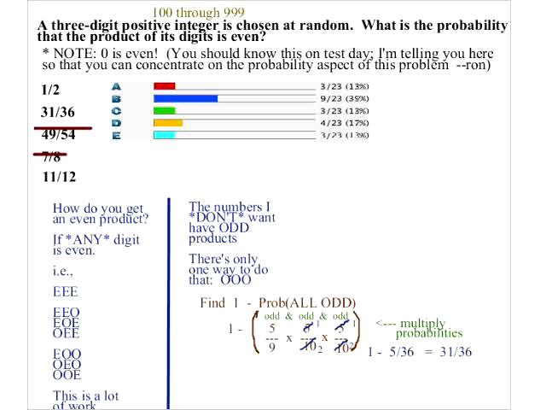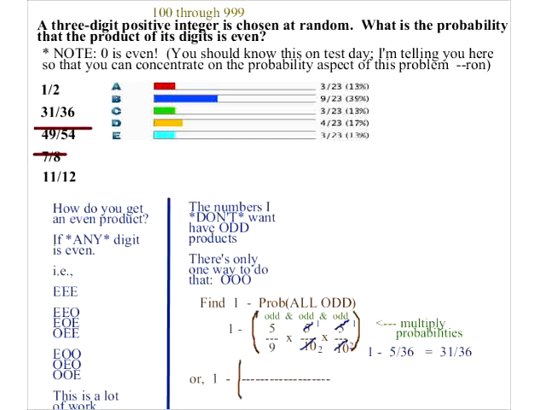The other way you can do this is instead of multiplying probabilities, you can just do 1 minus the total number of odd numbers over the total number of numbers. It's like a literal regular probability fraction where you just count stuff.